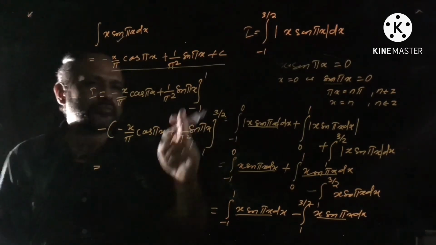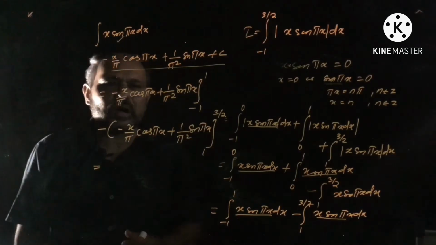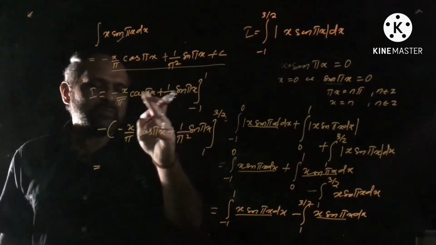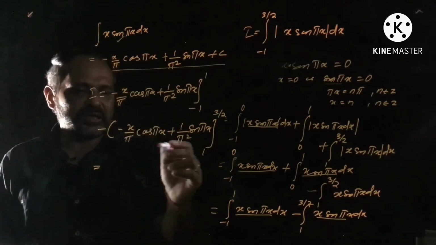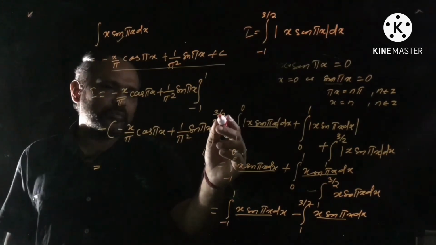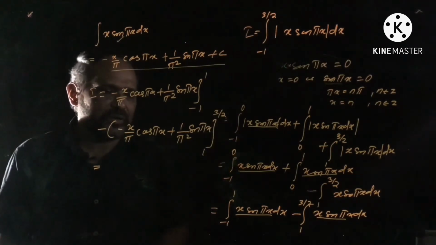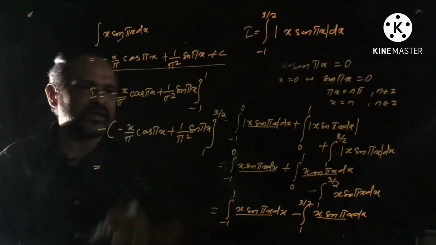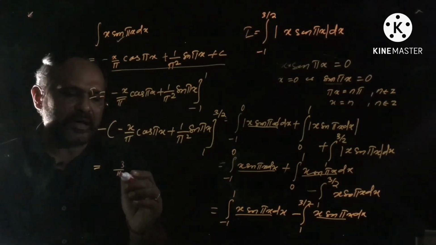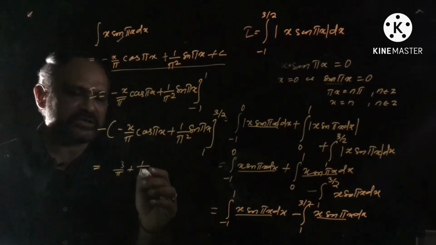First we have to put x is equal to 1, then minus, put x is equal to minus 1. Similarly, in this way, first we put x is equal to 3 by 2 and then x is equal to 1, and we get the answer 3 by pi plus 1 by pi square.